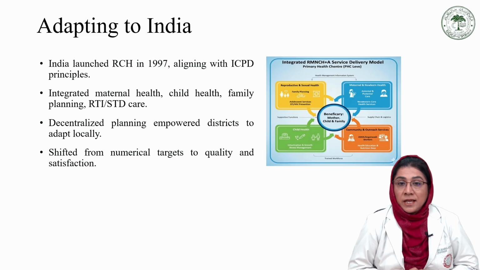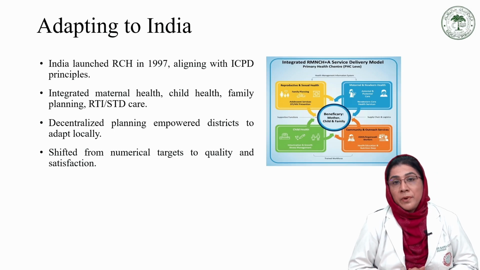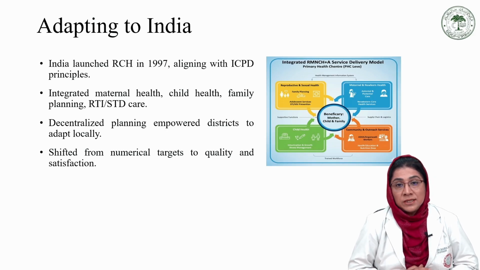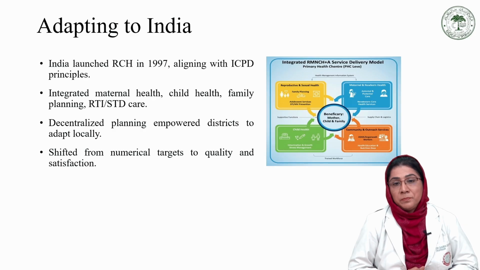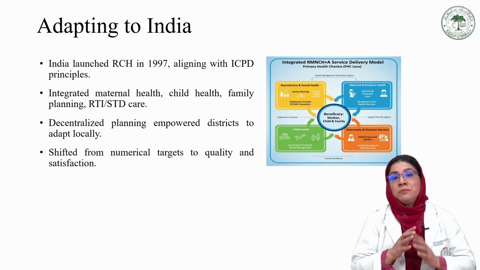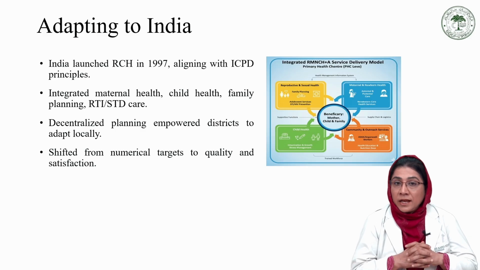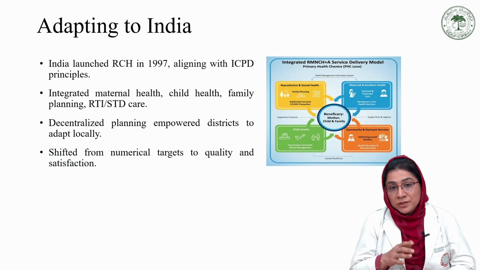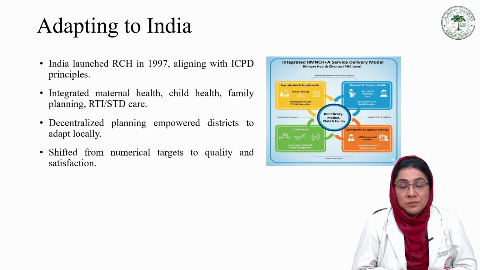India translated the ICPD vision into a practical architecture called reproductive child health. The idea was to bring maternal health, child health, family planning, and RTI STDs care under one coordinated umbrella. Local planning was encouraged so districts could adapt services to their needs. At the same time, the focus moved from numerical targets to quality and client satisfaction.